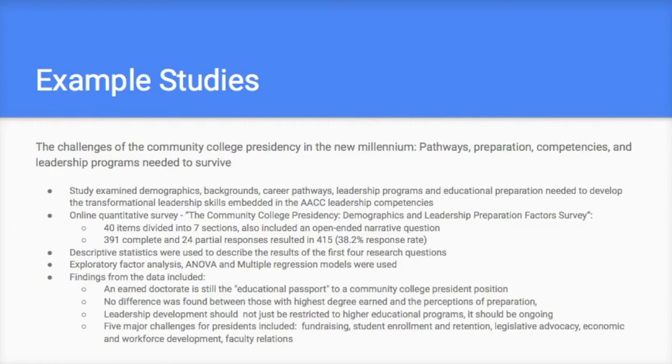There is no difference between those with the highest degree earned and the perceptions of preparation needed. And leadership development should not be restricted to higher education programs only. It should be ongoing. Additionally, 5 major challenges for community college presidents were found in this study.